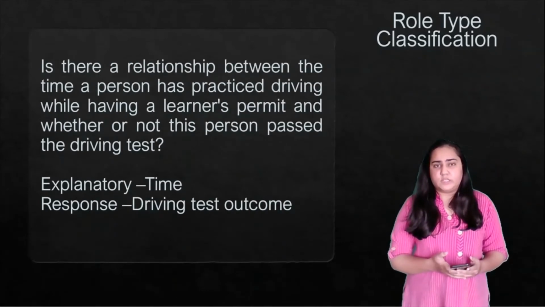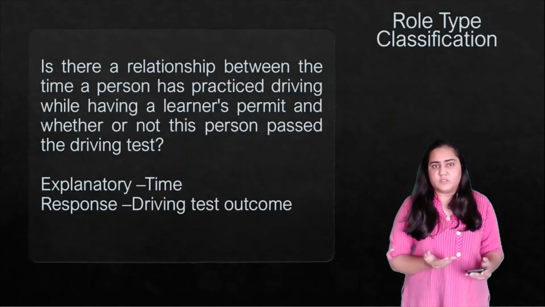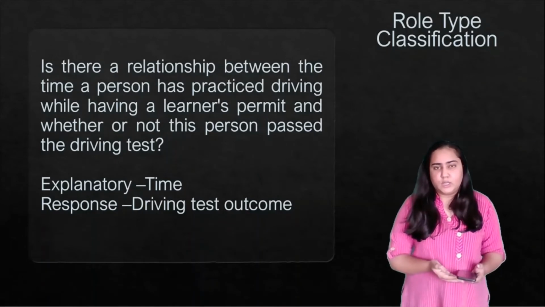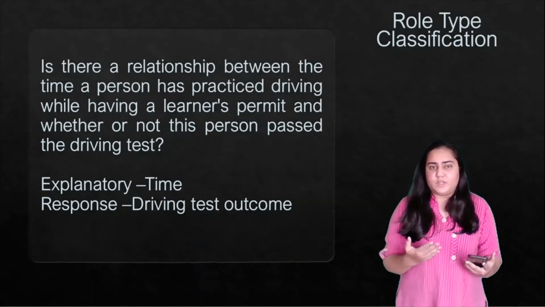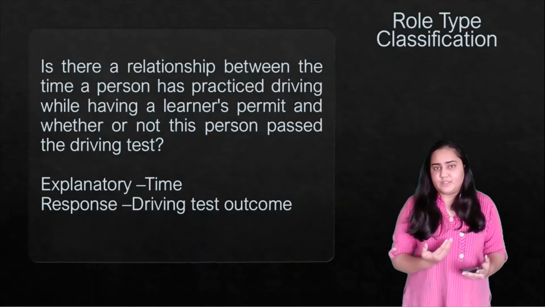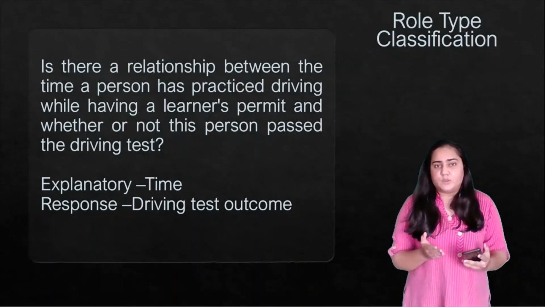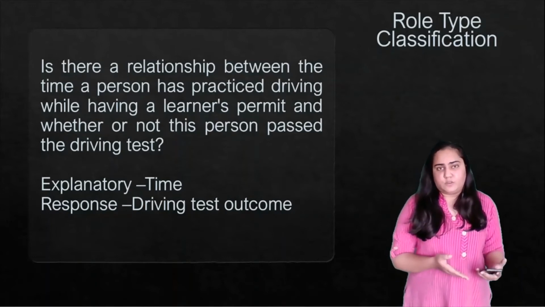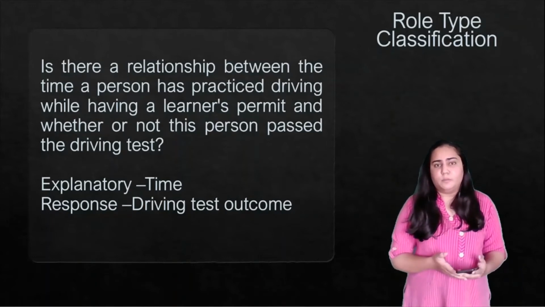The next question is there a relationship between the time a person has practiced driving while having a learner's permit and whether or not the person passed the driving test? So once again, what you are given for research is the time the person spent practicing driving. So time would be the explanatory variable, the independent variable.